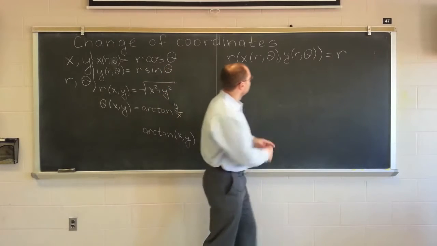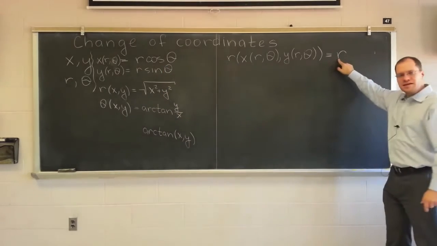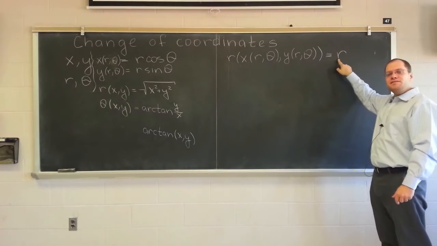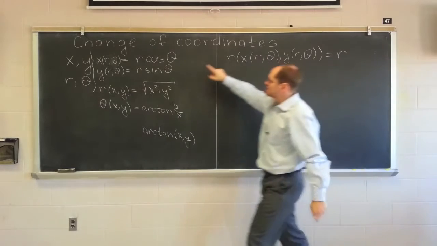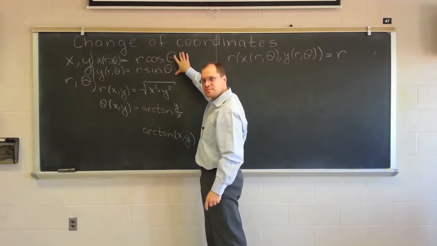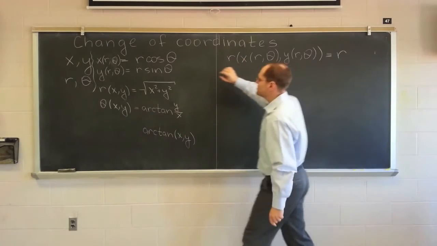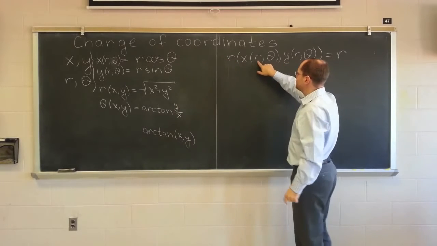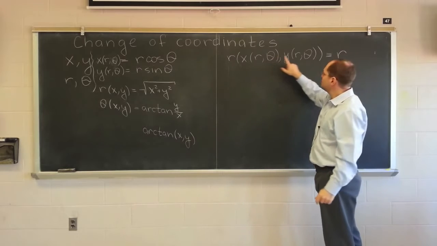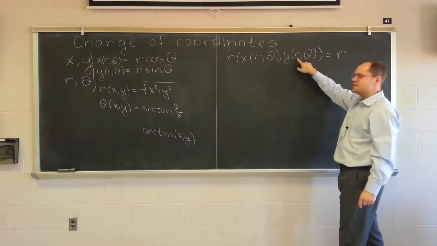For example, r on the right-hand side here is the independent variable. It's the same independent variable as in these two functions, because it is these two functions that are plugged in here. So r right here is the independent variable, and r is the independent variable.